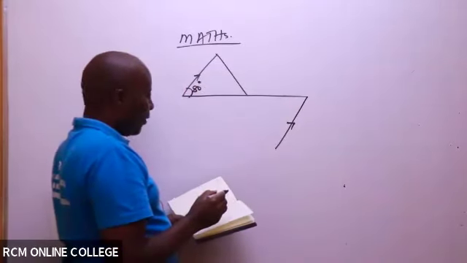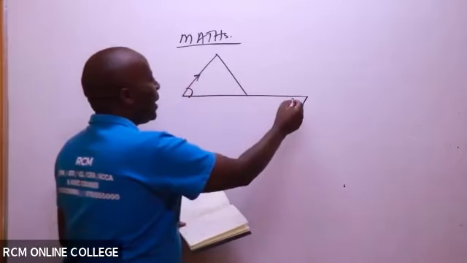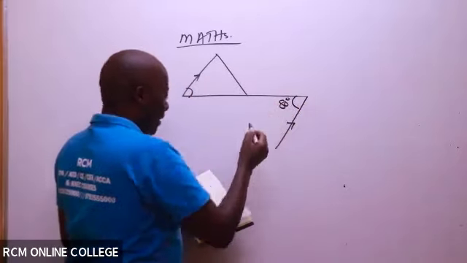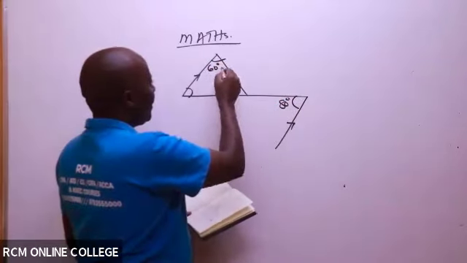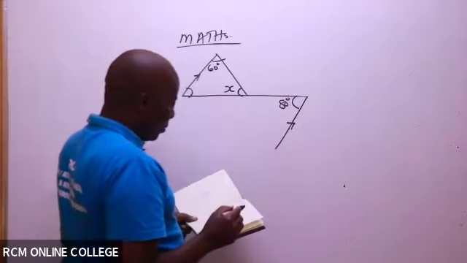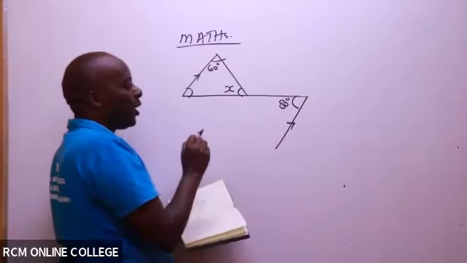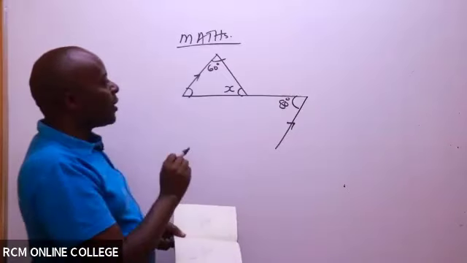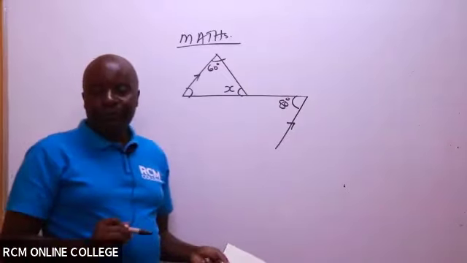They have given us here 80 degrees, and here we have 60 degrees. And then we have X there. We are required to give these people the value of X.